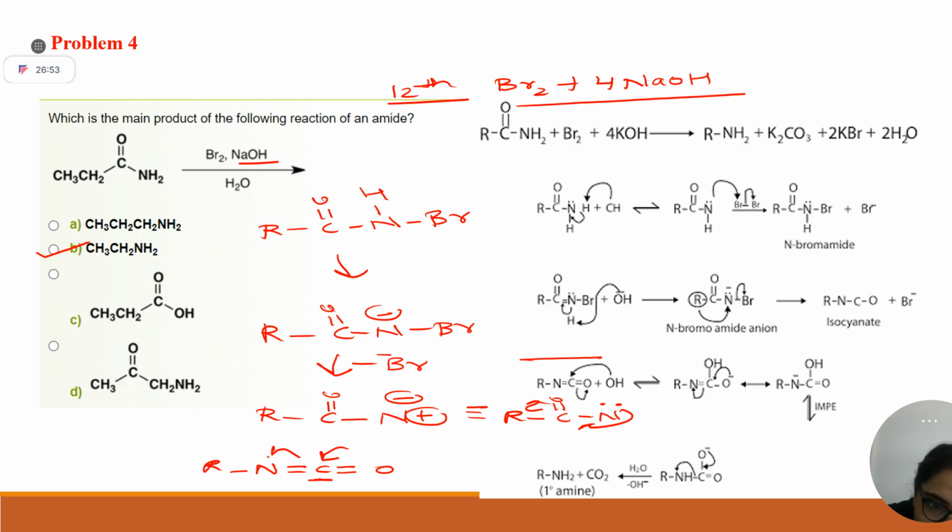This bond will go like this, and you will get RNHCO. If, let's say, water is attacking, it will be RNHCOOH and CO2 will leave and you will get RNH2. Is the mechanism clear to everyone?